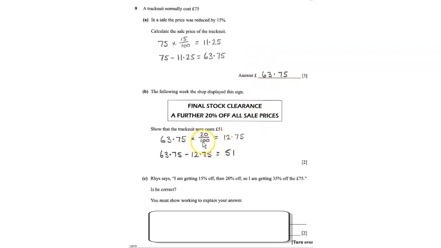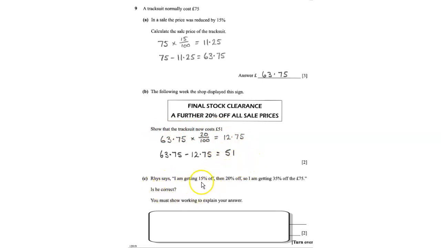So first of all, we have to get 20% of that price, and we get £12.75. We take this £12.75 and we take it away from 63.75 because it is being reduced further, and that's equal to 51. So that kind of answers the question for that. It says show that the tracksuit now costs 51, and 51 is the answer we get.